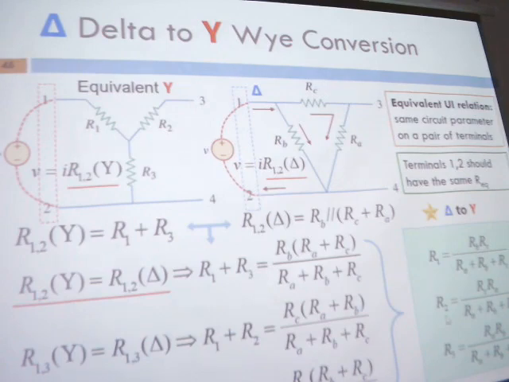Clear? Look at R2: the product of their neighbors over the sum. And here, the product, is it R3? Okay, R3: the product of their neighbors over their sum. Is it easy to remember? We still have to remember R1, R2, R3 is inside for Y, and RA, RB, RC is outside on the line of the triangular. Clear? Because node A, B, C.